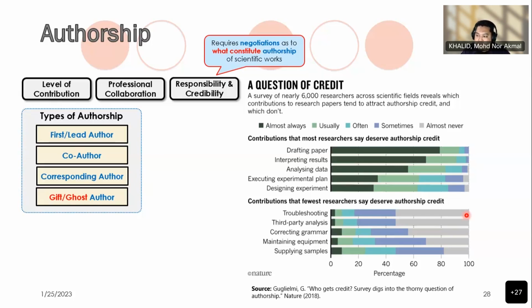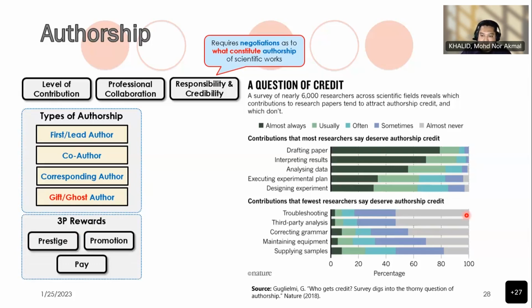Sometimes we can give a ghost author, because sometimes for professional collaboration, to start a collaboration between institutions, they include authors to help start the publication process running between two institutions that were never connected before, for example.